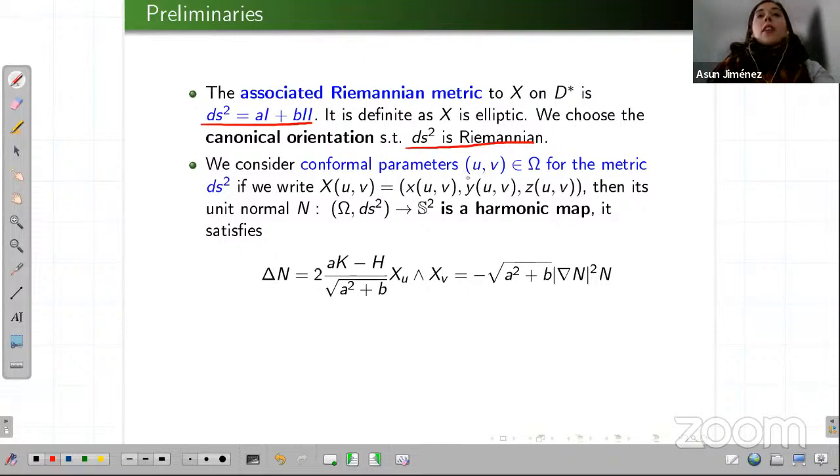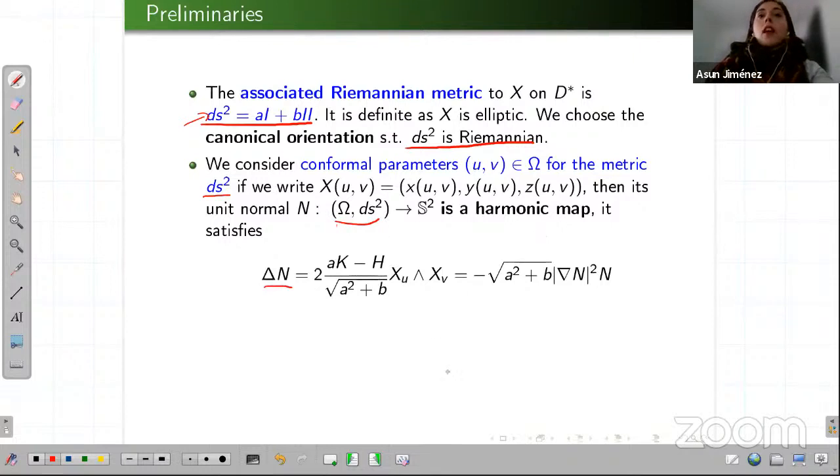Okay, so we can consider the conformal structure induced in our punctured disk, in our immersion, by this new metric ds squared. I mean, we do not consider the conformal structure induced by the first fundamental form, but by this new Riemannian metric associated to the surface. And what happens is that with respect to this new conformal structure, the Gauss map is a harmonic map into the sphere.